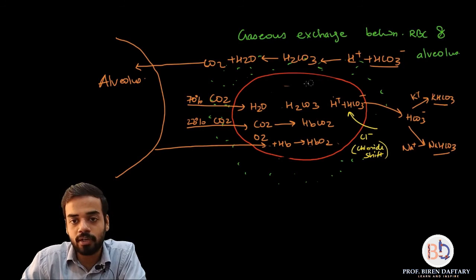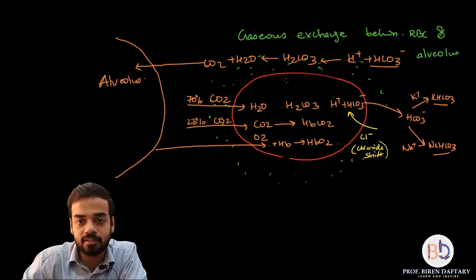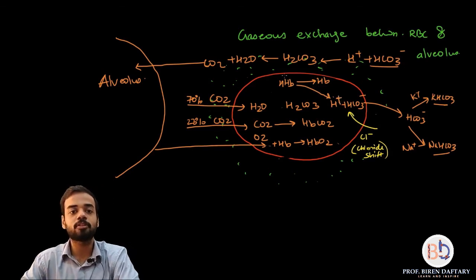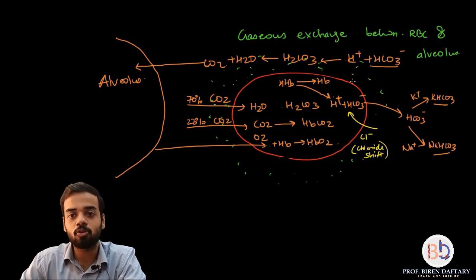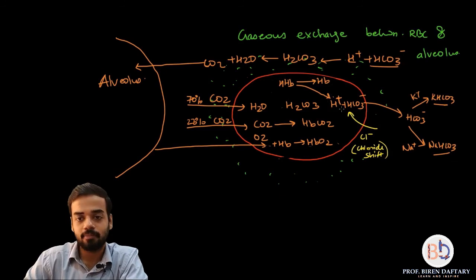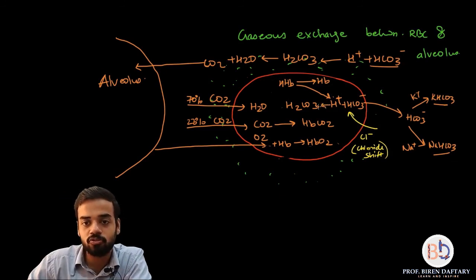So if you want you can write a reaction over here like this, that HHb breaks down to give you hemoglobin, and it also gives you a proton. This happens because partial pressure of oxygen is more, so it causes this to break, hemoglobin is free, proton is released. Now this proton and this bicarbonate will react to form H2CO3.